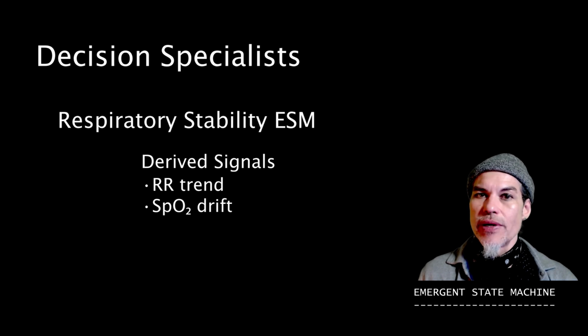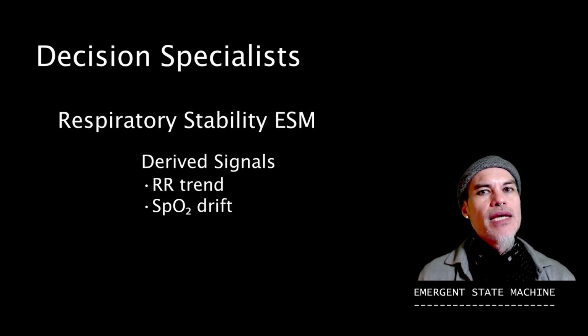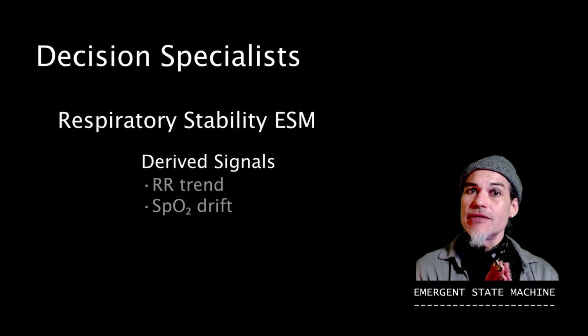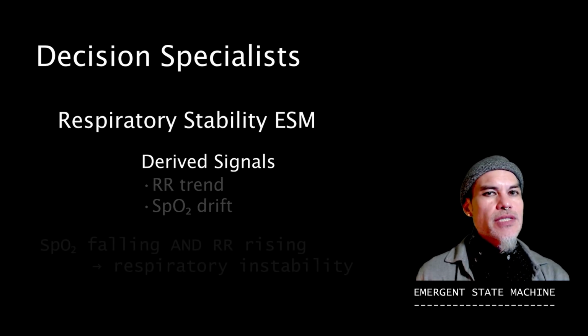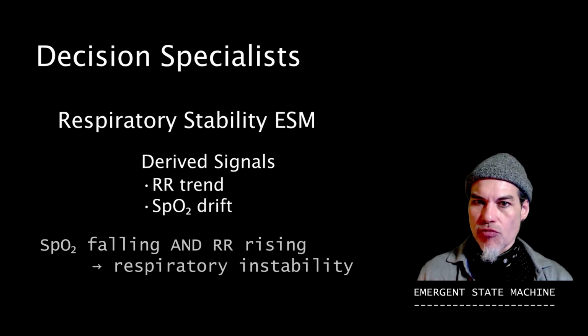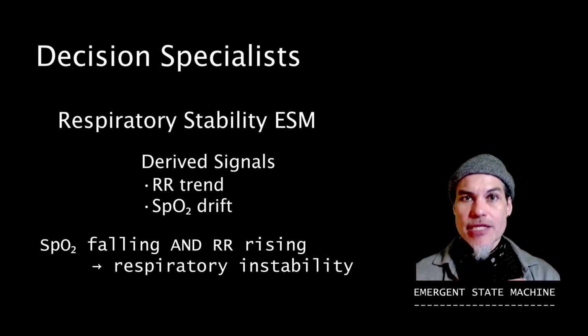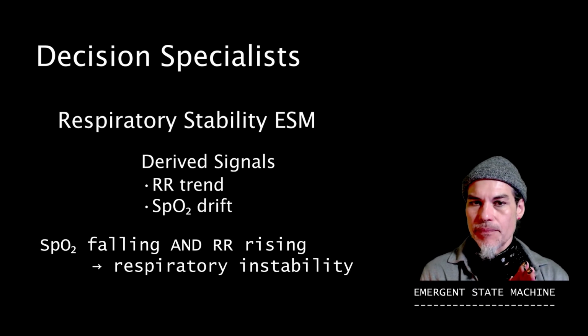The respiratory stability ESM has a simple job. It continuously monitors derived signals like these. When thresholds defined by clinicians are crossed, it produces a signal indicating respiratory instability.